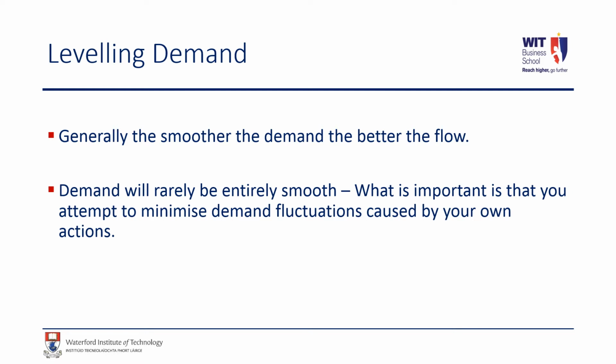Because the pace of the demand varies week to week rather than day to day, they have much better control over their planning and scheduling, and they can organize their operations to match that demand pattern.